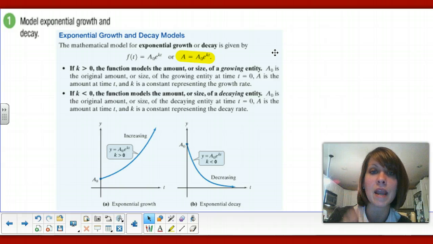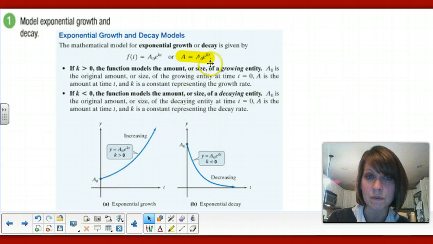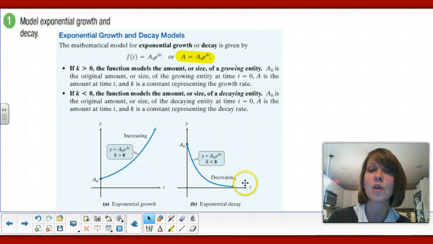And if the base was between 0 and 1, it would decay unless there was a transformation to make it do otherwise. Well, the transformation comes if K is positive or if K is negative. If K is positive, we're going to grow because this base E is bigger than 1. If K is negative, it will reflect the normal growth of the E bigger than 1 base horizontally, and we will actually decay.